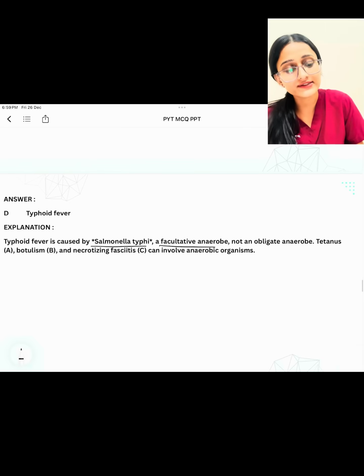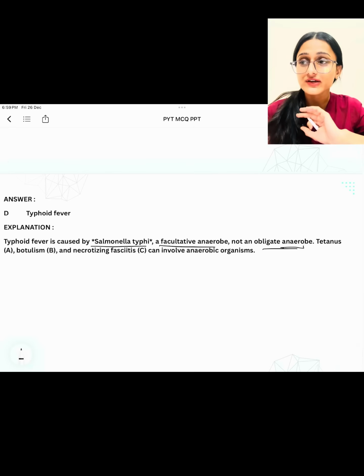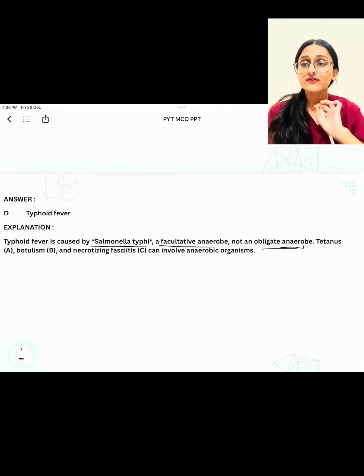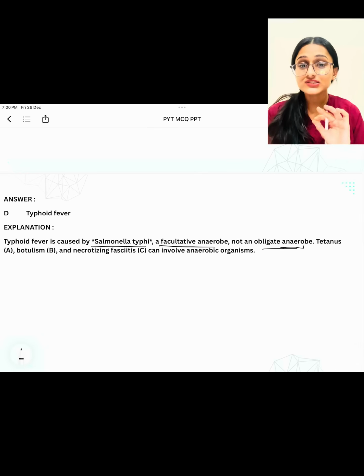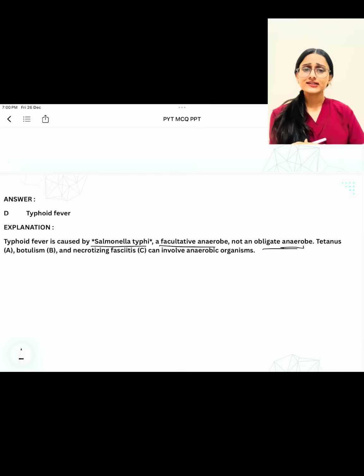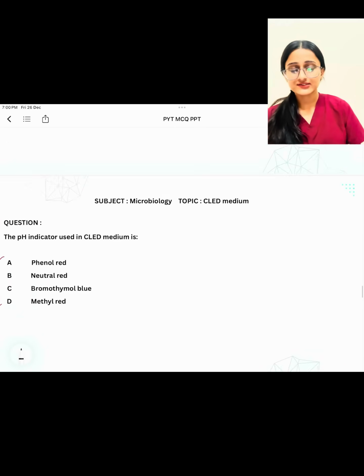It is a facultative anaerobe, not an obligate anaerobe. You must be confused about the difference between facultative and obligate anaerobes. Obligate anaerobes grow only in the absence of oxygen; their growth strictly depends on the absence of oxygen. But facultative anaerobes can grow with or without oxygen. So that's it for this question.